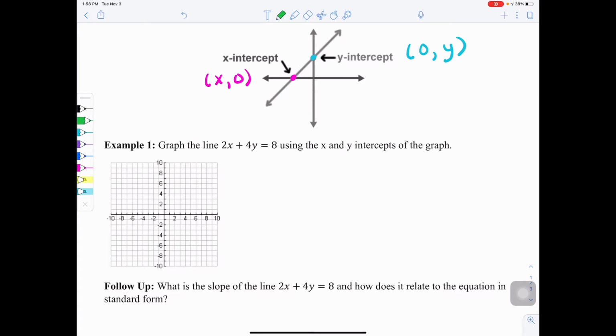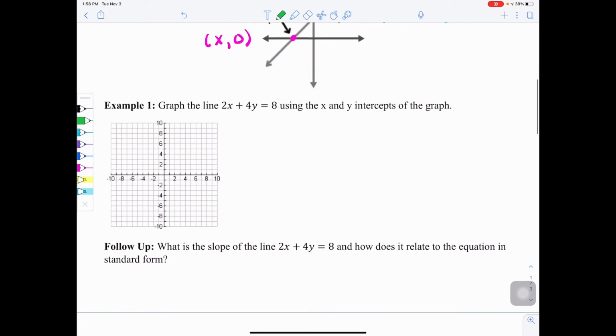So in example 1, graph the line 2x plus 4y equals 8 using the x and y intercepts of the graph. So I'm going to split the page in half here so that we can find one intercept on each side. We'll start with the x-intercept, which remember means that my y value is 0. So I will start by writing the equation 2x plus 4y equals 8.